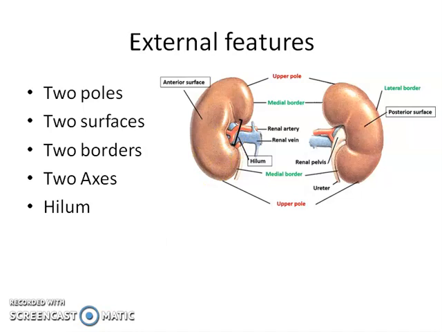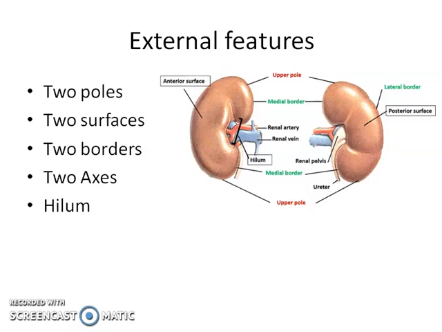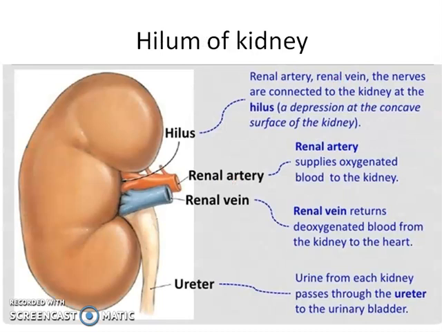In the next slide, we will see the hilum of the kidney. The transpyloric plane passes through the upper part of the hilum of the right kidney and through the lower part of the hilum of the left kidney.